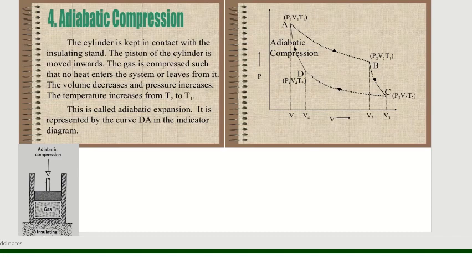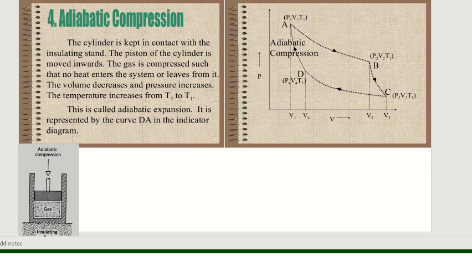The adiabatic process, as I have said, is a very fast process and no exchange of heat takes place. So now the gas is compressed, and as such no heat enters or leaves the system. There is no exchange of heat.